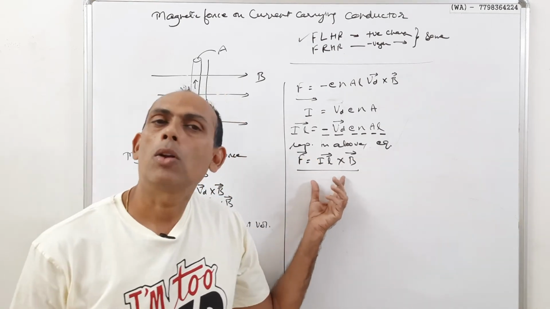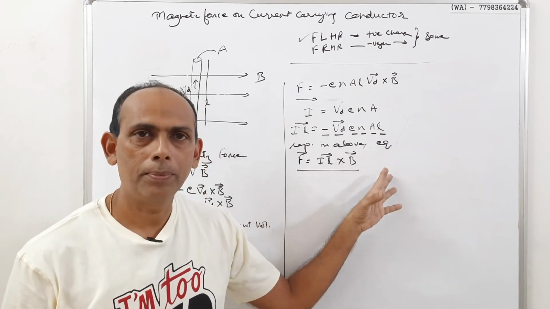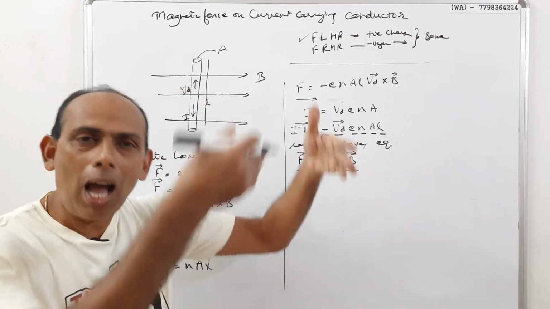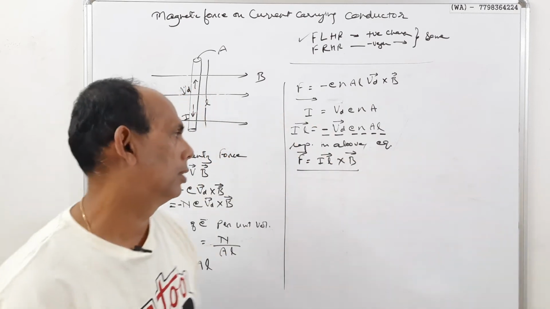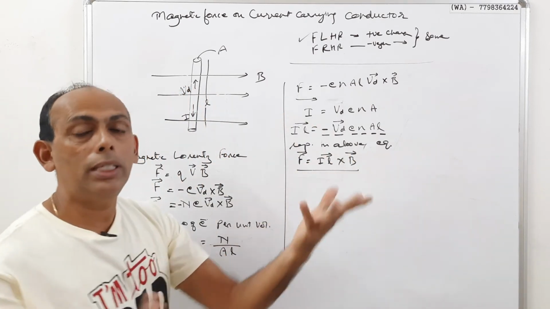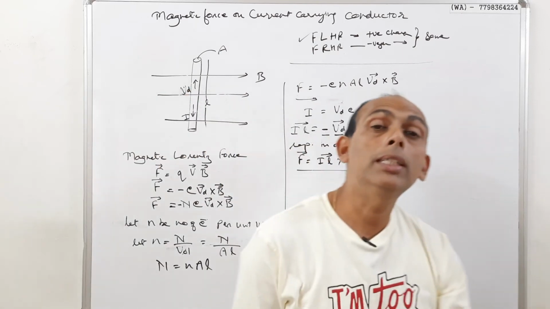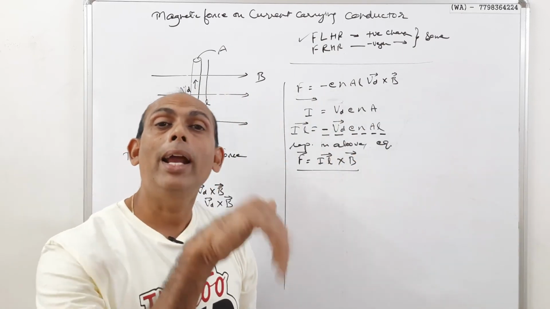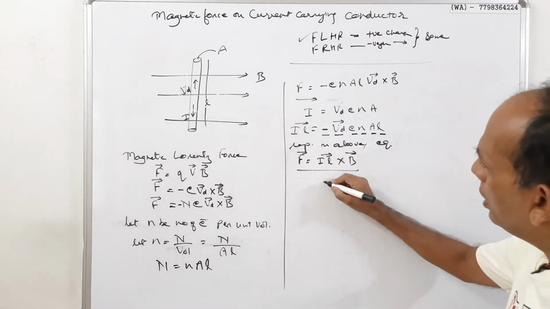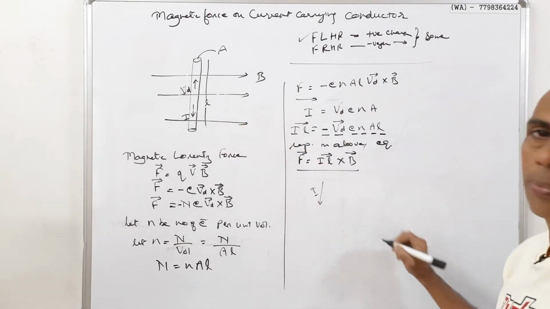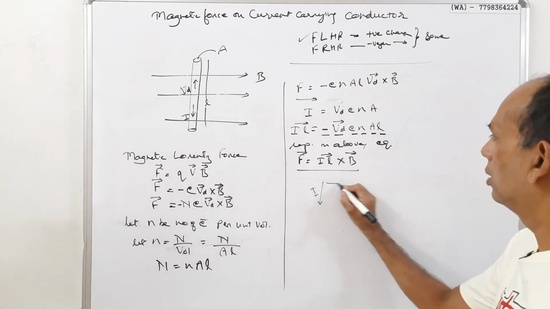This is nothing but a cross product between IL and B, right? IL means I, the direction in which the current is, and B is another direction. So what is the direction of this? How to find the direction of the cross product? The direction of the cross product is found by the right hand rule. Suppose I is given by this direction and B is in this direction.